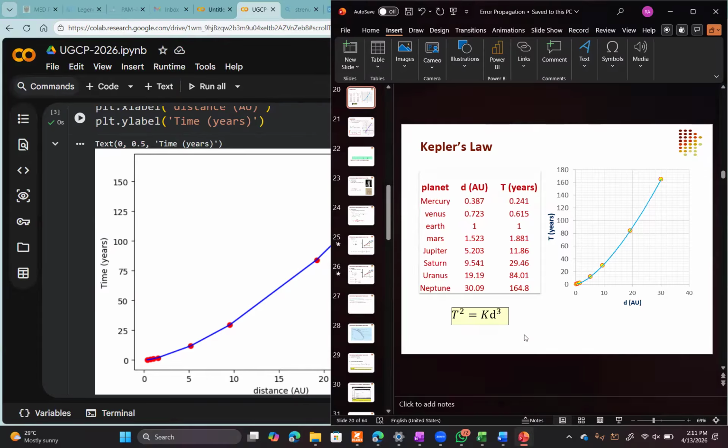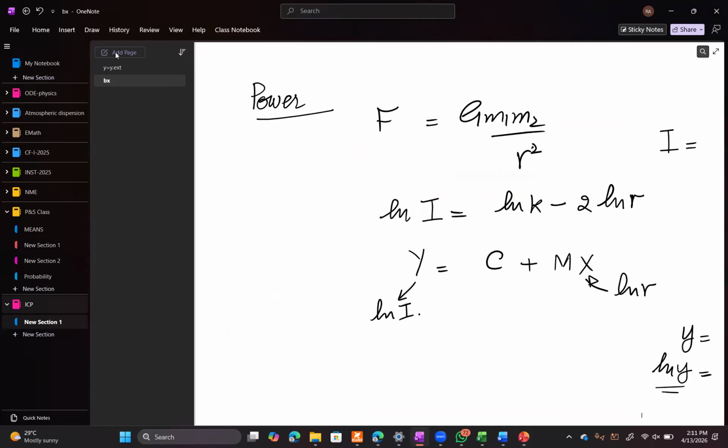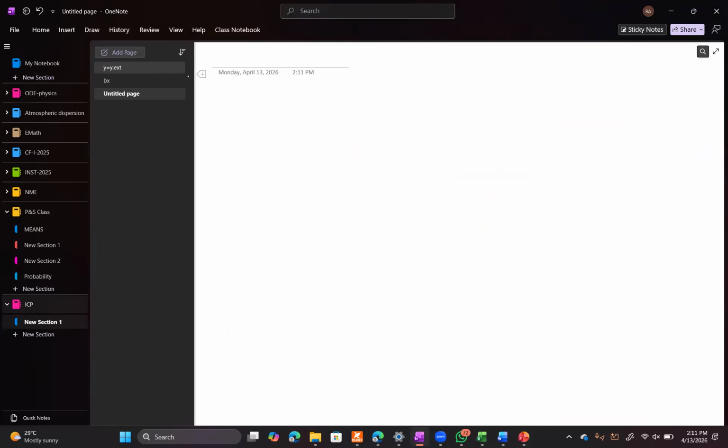T squared equal to k d cube. If I take the square root, it will become T equal to k and d raised to the power 3 by 2.